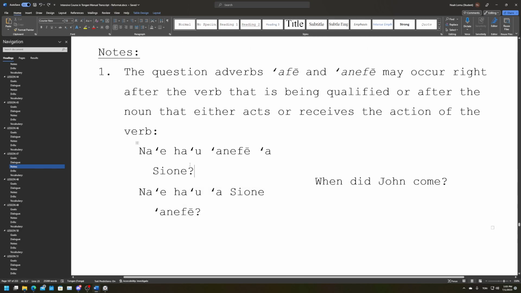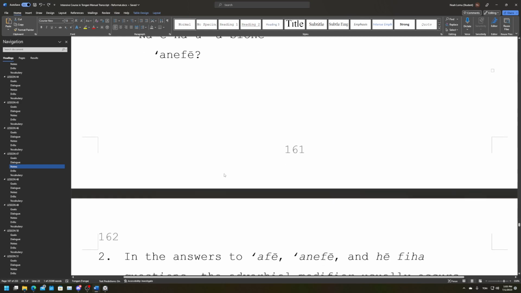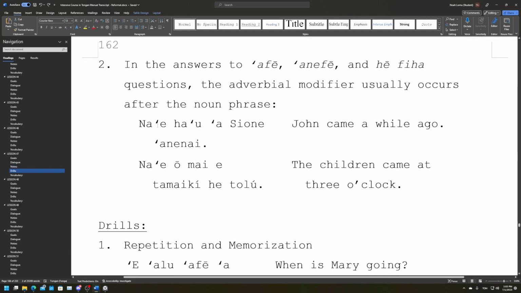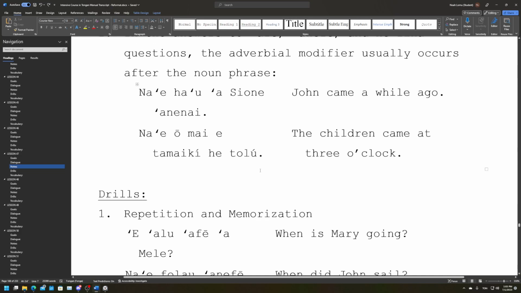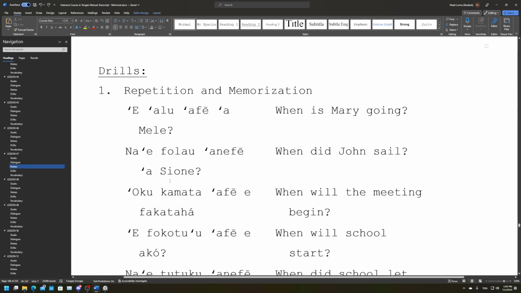On the other hand, the question word wants to go after the verb, like 'came when'. But in general, this is the natural way. That's what we'll practice in the drills.